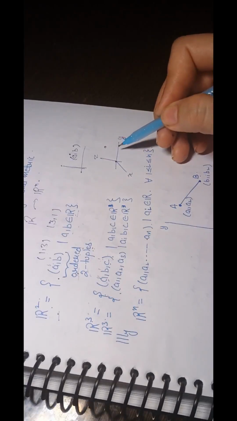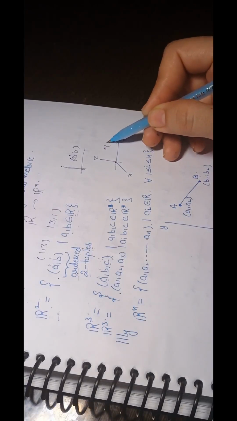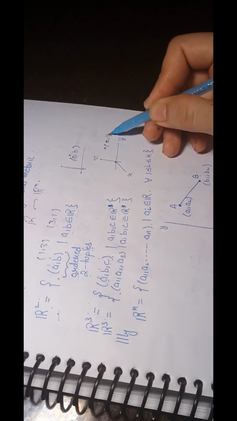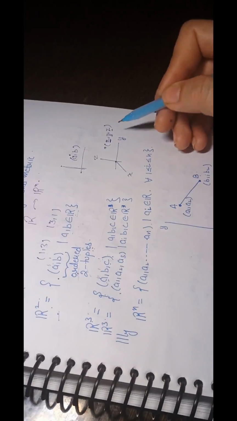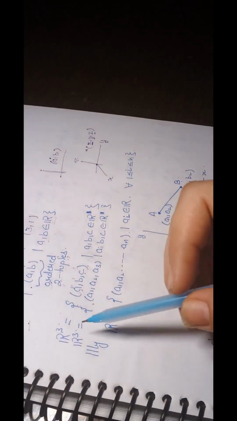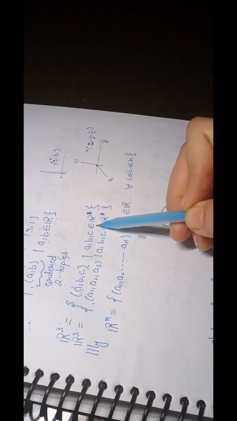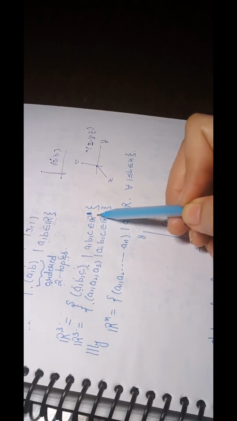So any element here is represented as X, Y and Z: distance in x-axis, distance in y-axis and distance in z-axis. So R3 is a collection of all ordered three tuples. Again, order is important. The element A comma B comma C, where A, B and C all three are in the set of real numbers.